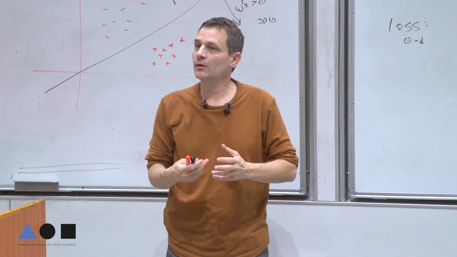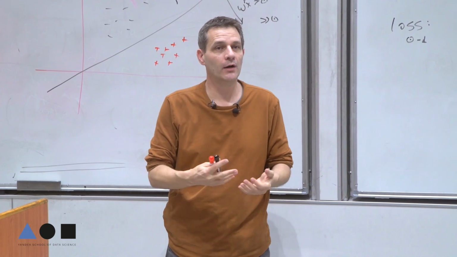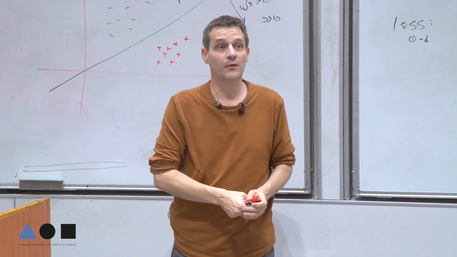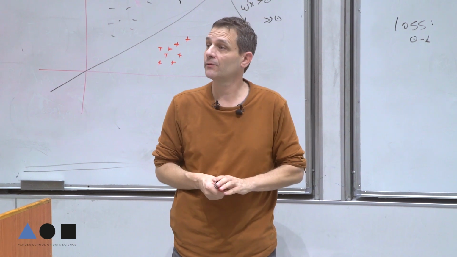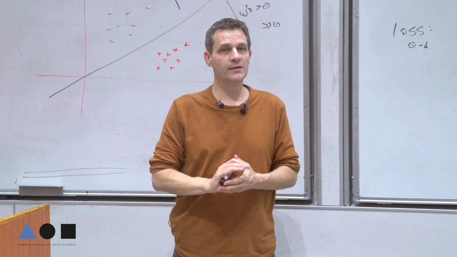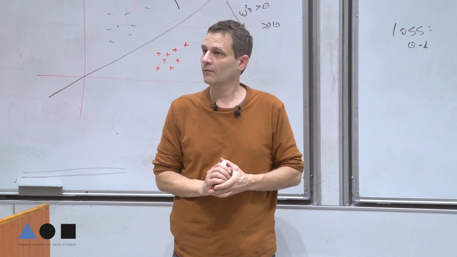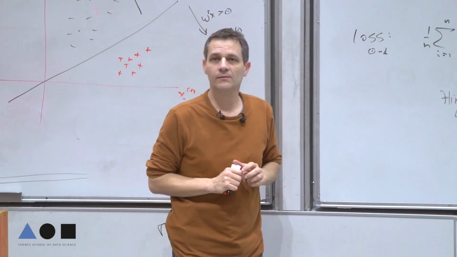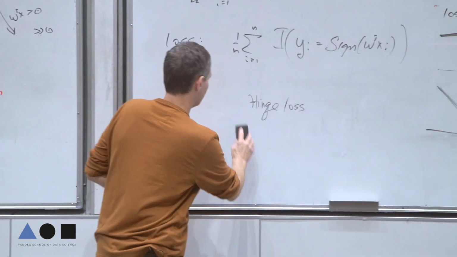Now you can see what happens if you try to run a gradient-based algorithm on this, let's say stochastic gradient descent. So let's write a stochastic gradient descent algorithm using this loss.